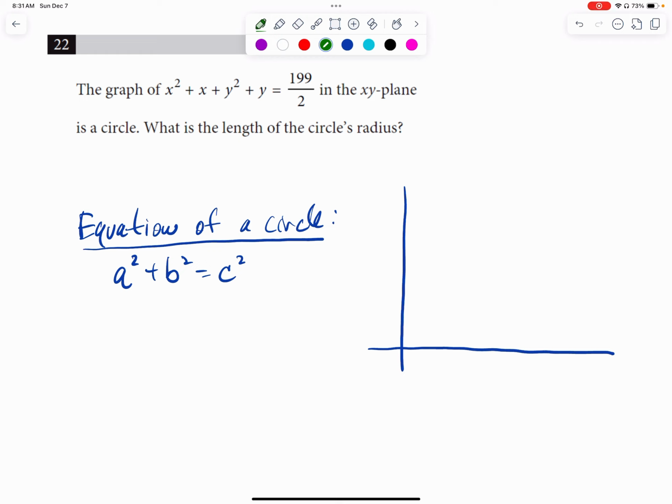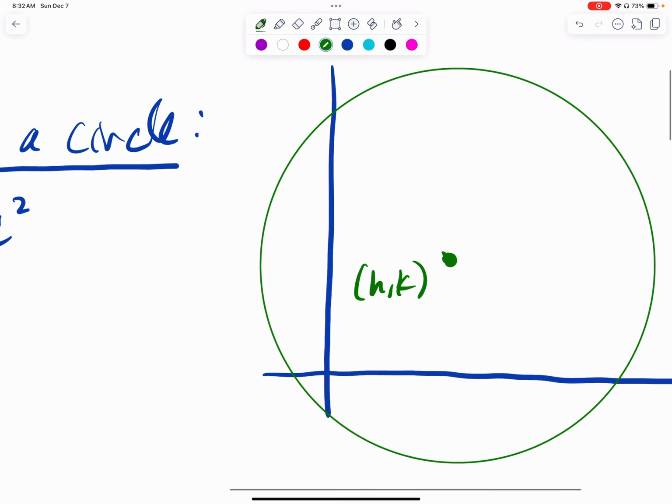You might be going, what does that have to do with a circle? Well, here, let me show you, shall I? So circle right there. We need ourselves a center point, and the center point is commonly h comma k, as in the ordered pair, whatever the heck it turns out to be in terms of numbers, we represent symbolically with h and k.